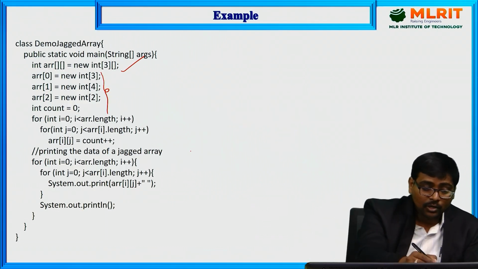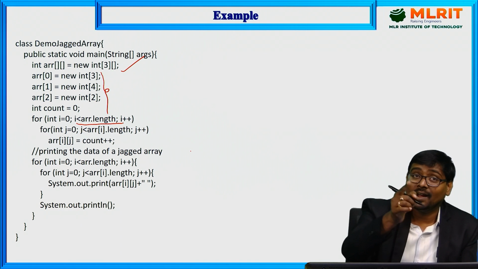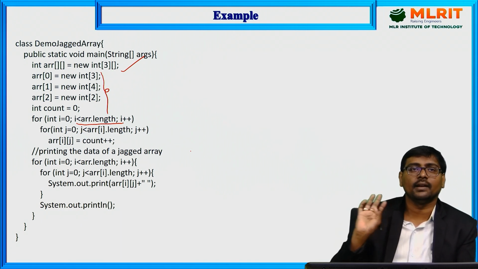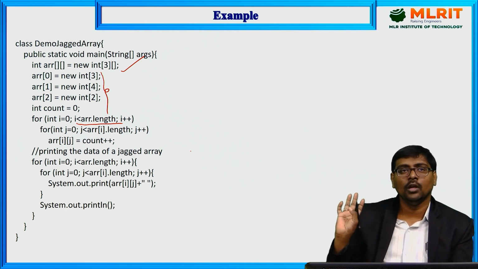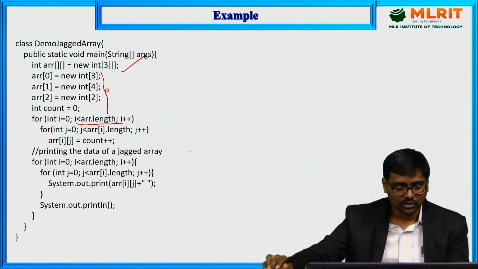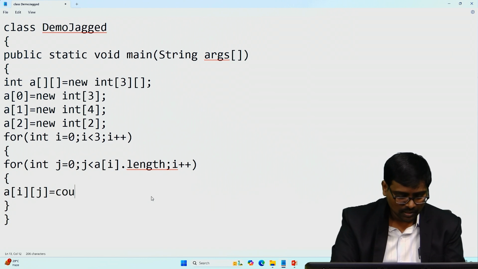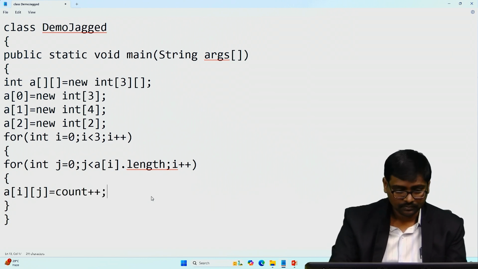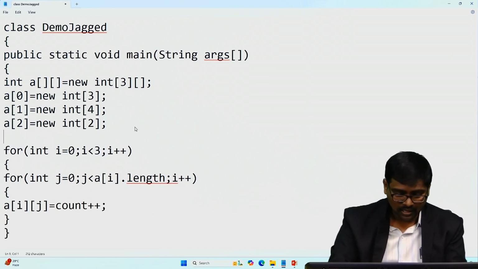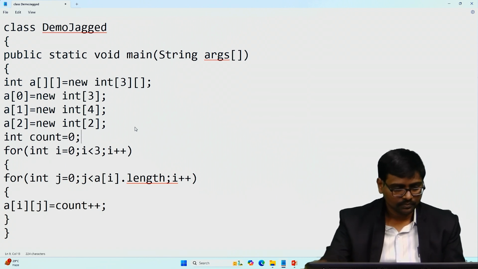As already said, you can directly write array dot length, or if you know the number of values, you can write that. Now sc means again I need to use something. What I am writing is count plus plus. Initially I assumed one count variable is equal to 0.